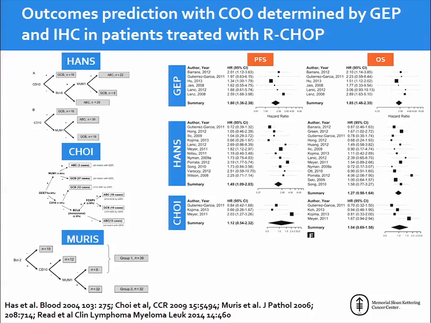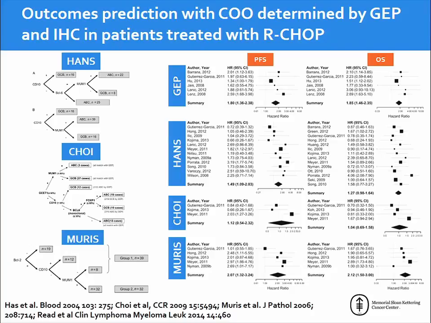If we look at the Hans and Choi algorithms, you can see that these forest plots are on either side of one. Sometimes activated B cells do better, sometimes germinal center tumors do better, and if you look at the meta-analysis, they cross one. And this is a real problem because the accuracy and reproducibility of Hans and Choi is quite questionable.